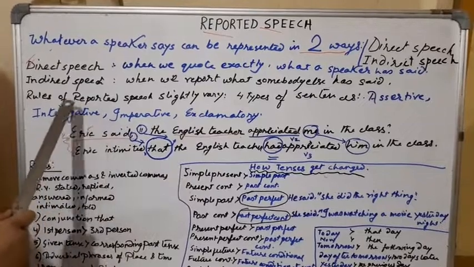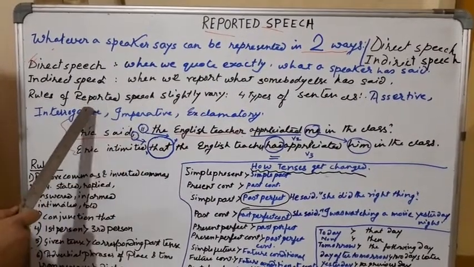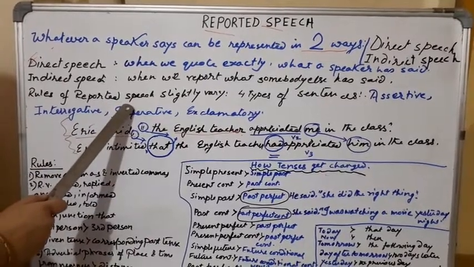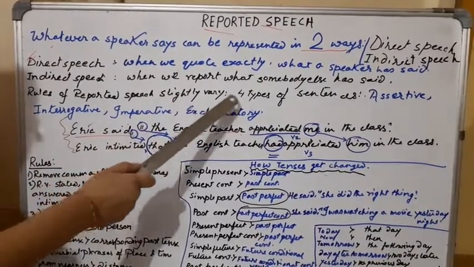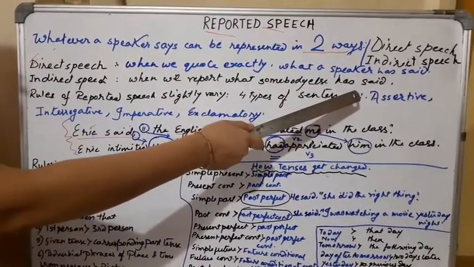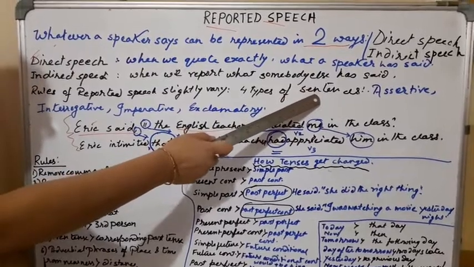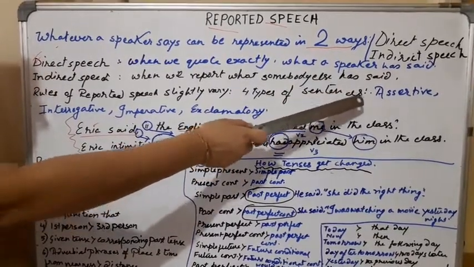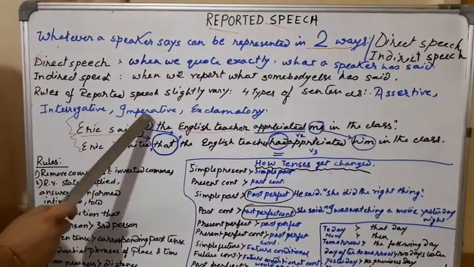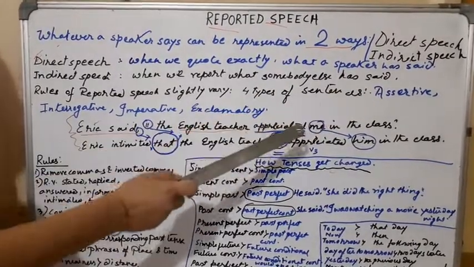Now, rules of reported speech. Before we go for discussing rules of reported speech, we will discuss about the types of sentences, because it varies accordingly, the types of sentences, as we have already discussed about the four types of sentences: assertive, interrogative, imperative and exclamatory. So let us take up assertive sentence.